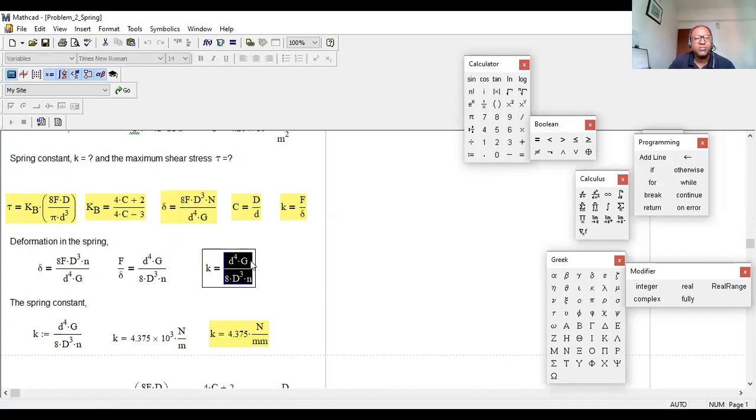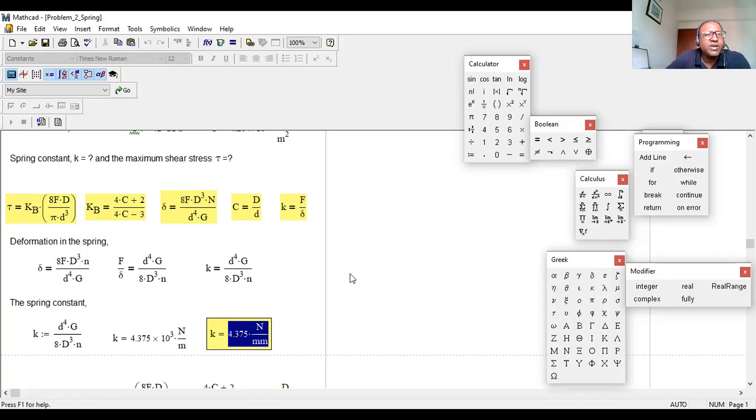G value is given. Big capital D value is given. Number of turns is given. So from here, we got K, 4.44 Newton per millimeter. That means if you like to deflect the spring by 1 millimeter, you need to apply 4.4 Newton load or force.